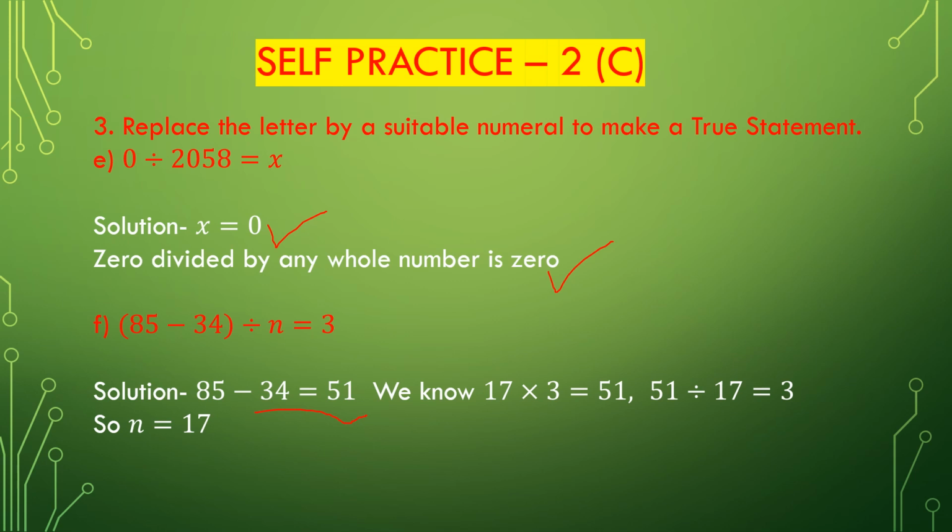We know in the 17 table, 17 multiplied with 3, we get 51. So 51 divided by 17 equal to 3. So here n will be replaced by 17.